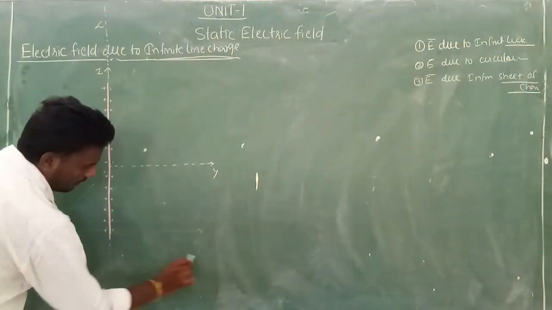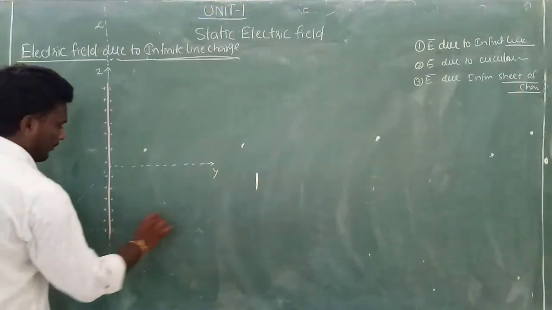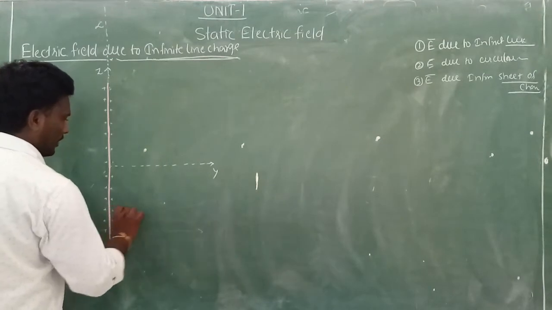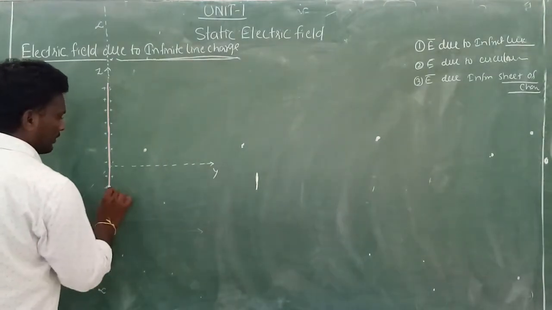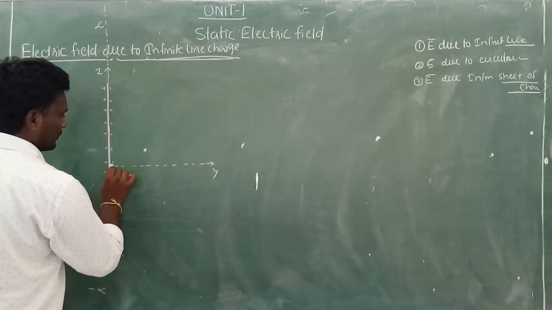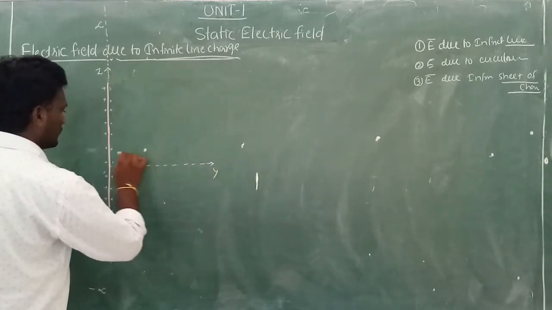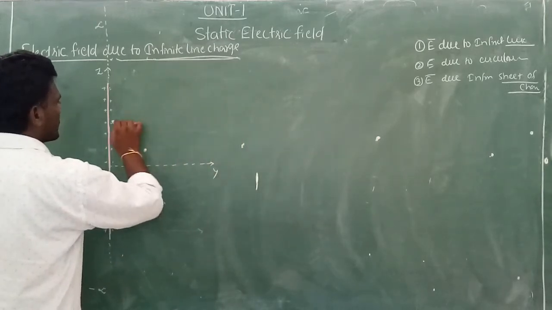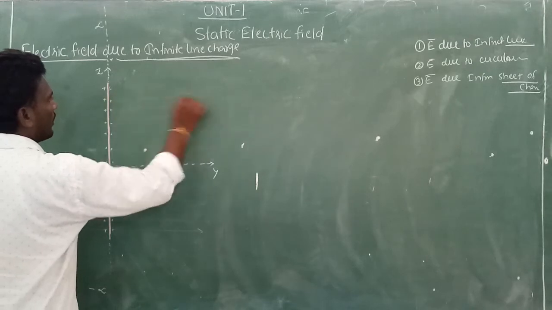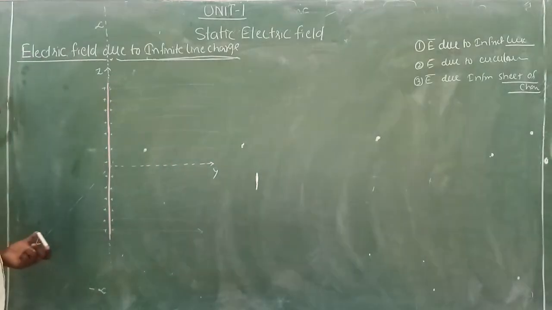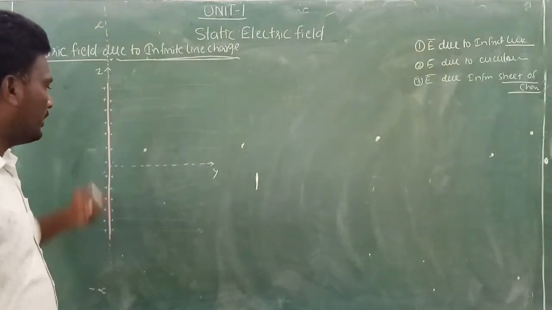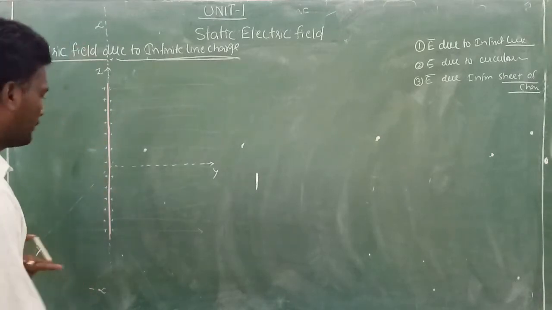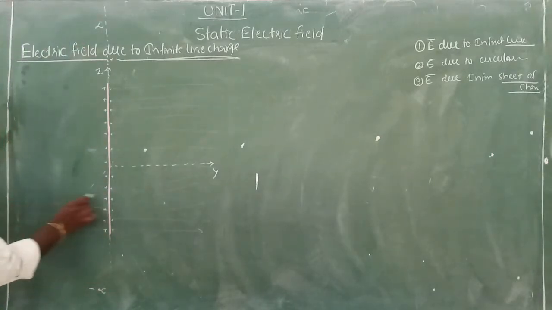Imagine that the electric field lines come like this. For each and every charge, electric field lines will be there depending upon the magnitude of the charge.